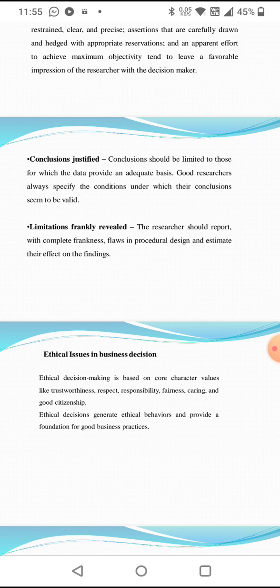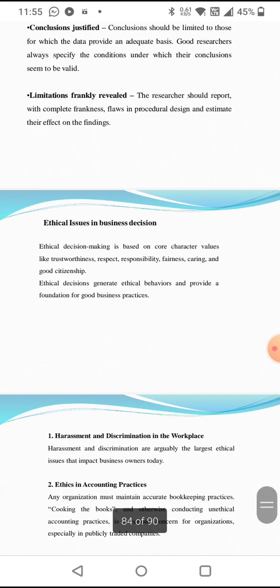So, the next being ethical issues in business decision. So, what are those? Ethical decision making is based on core character values like trustworthiness, respect, responsibility, fairness, caring, and good citizenship.